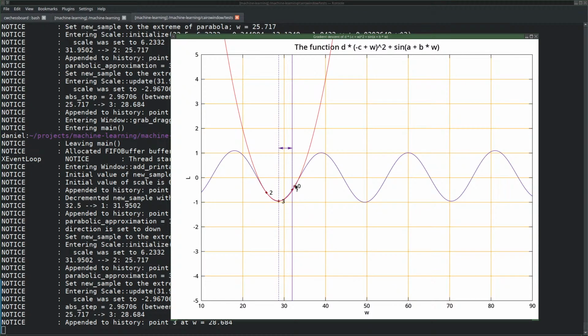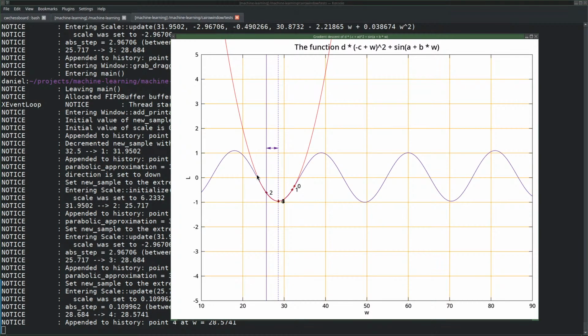I'm thinking about, shall I keep all of them or shall I not keep all of them? If I really want to play with this, I should go to the other application that I wrote, especially for this.